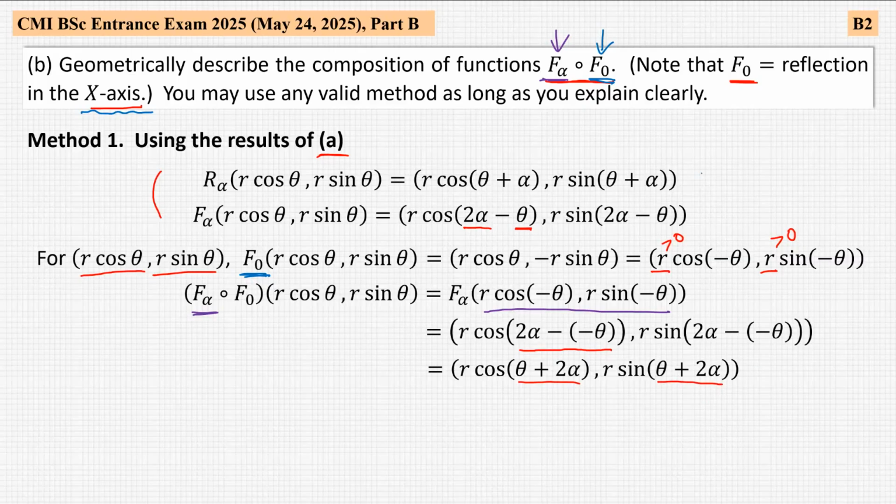And this is the same format as the rotated point, with initial angle theta plus rotated angle. But now we have 2 alpha here, so it is equal to R 2 alpha of the point (r cosine theta, r sine theta). This means that the function composition F alpha of F0 is equal to rotation function R 2 alpha.